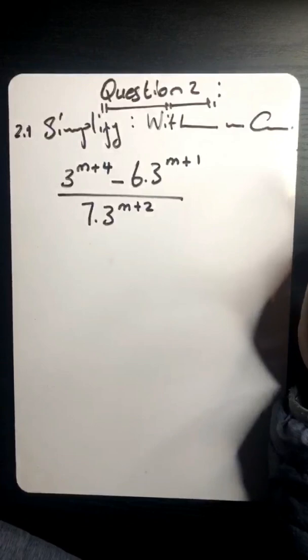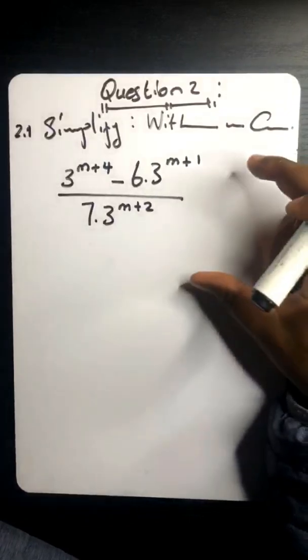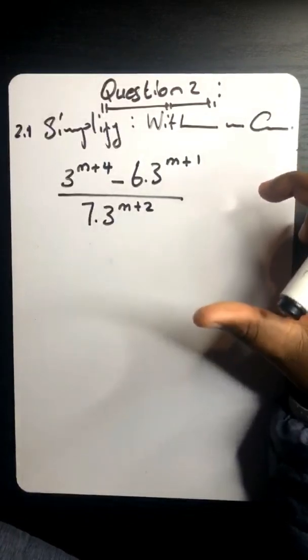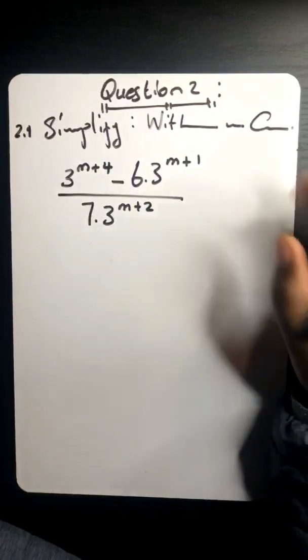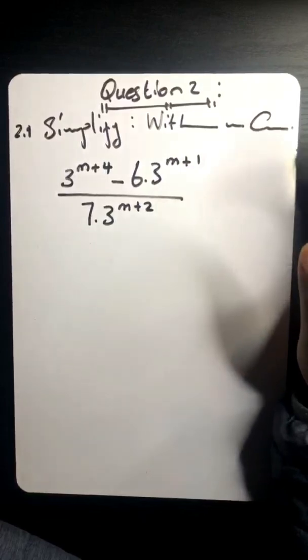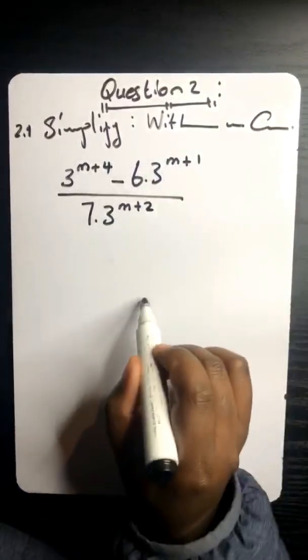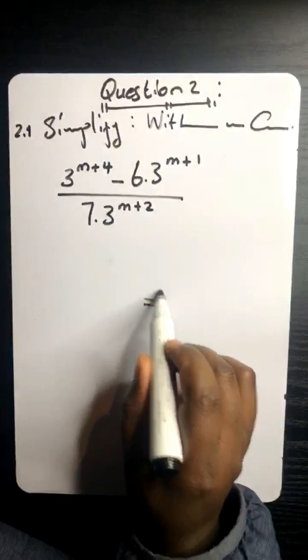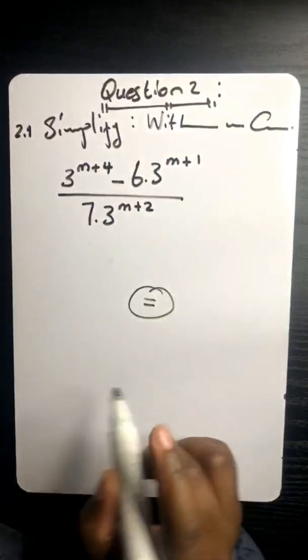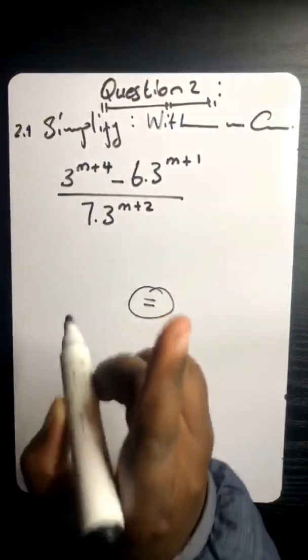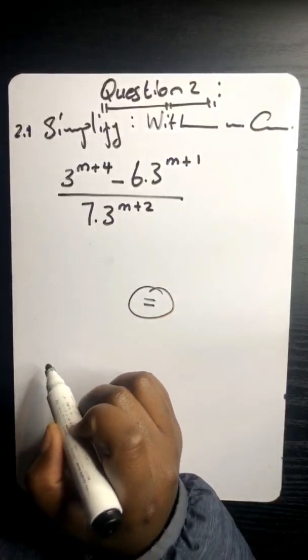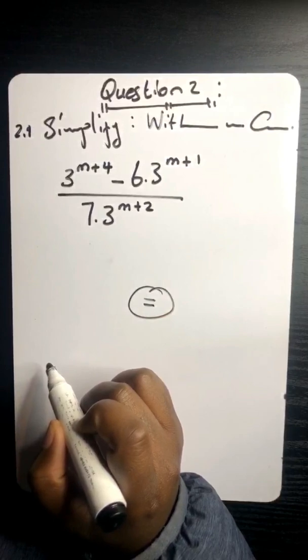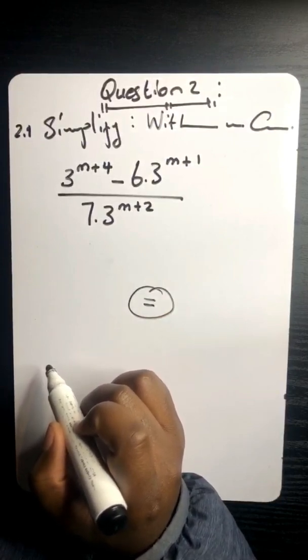First things first, you need to ask yourself this question: is this thing an equation or just a math problem? Every time you do not see an equal sign, you are not dealing with an equation, which means you are not solving anything; you might be having an expression.